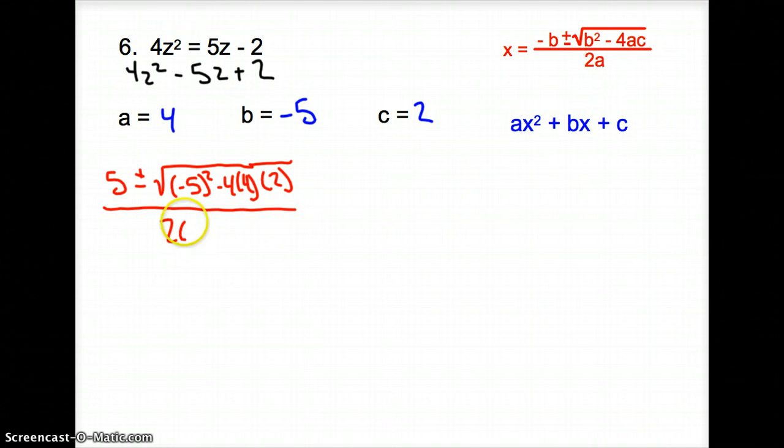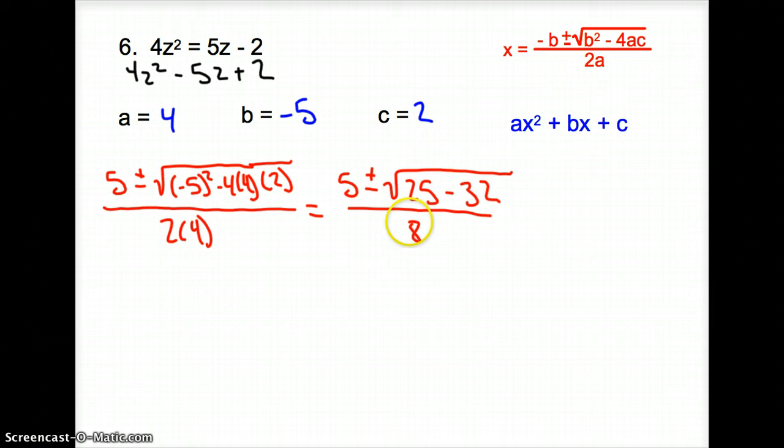Don't forget about 2 times 4 on the bottom. Simplifies to get 5 plus minus the square root of 25 minus 32 all over 8. Keep going to get 5 plus minus the square root of -7 all over 8.